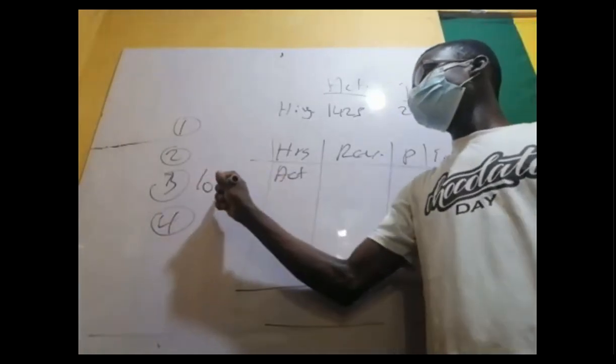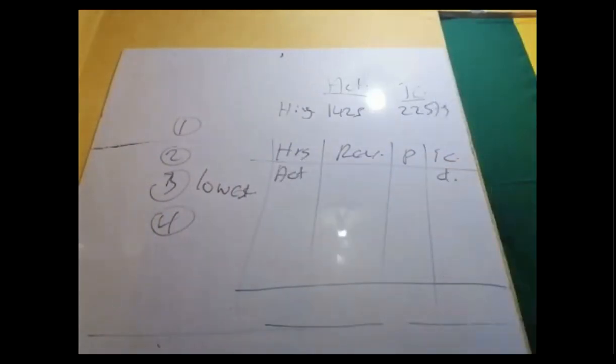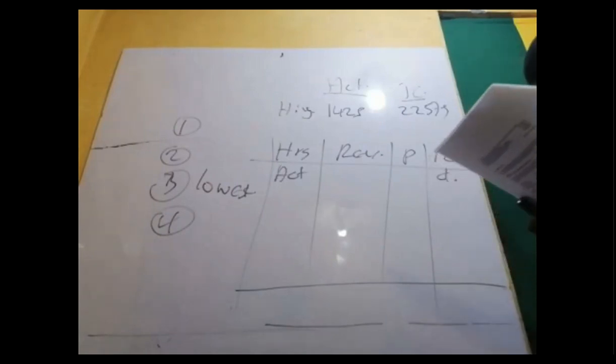Now step 3, locate the lowest activity level. Look through again. Which one is the least?